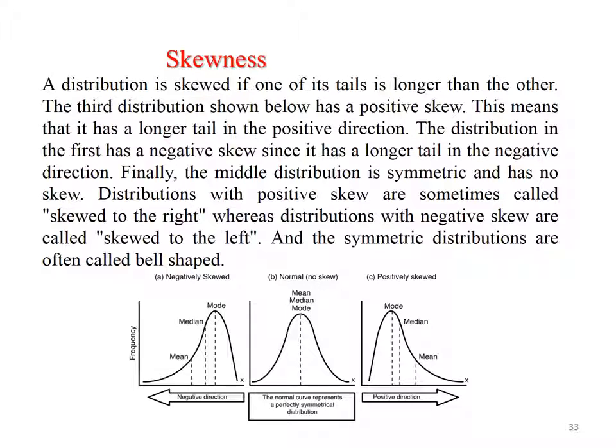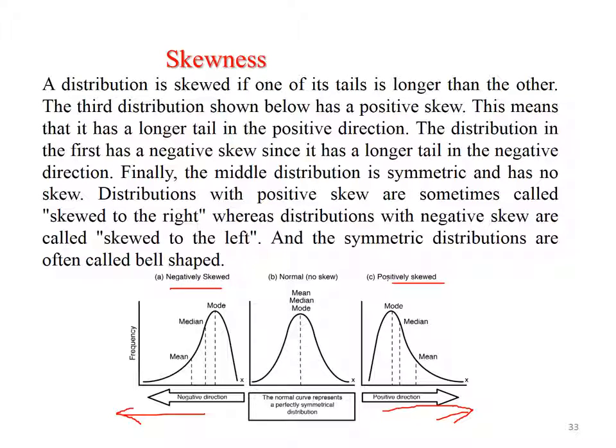So this distribution looks like a positive skew, meaning it has a longer tail in the positive direction, this direction. Similarly, this longer tail is in the negative direction, so we call this negative skew. This one is positive skewed, this one is positive skewed, and this is negative skewed.